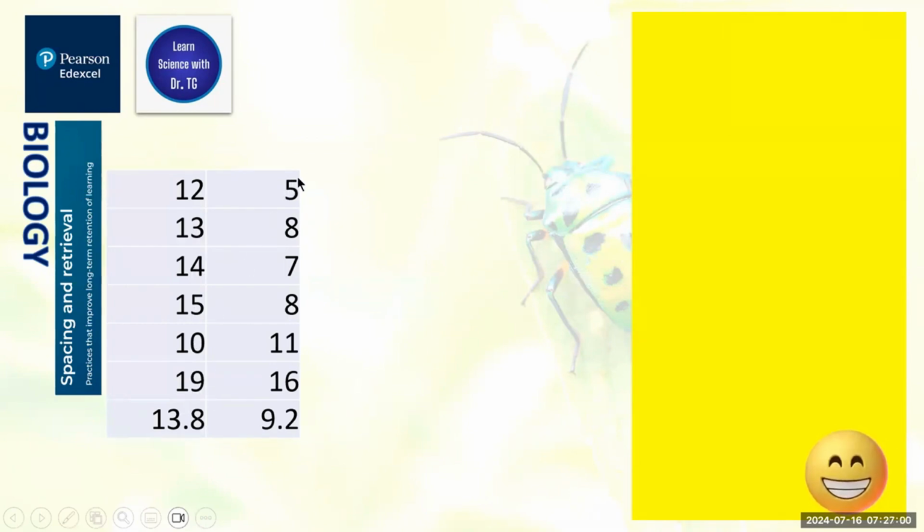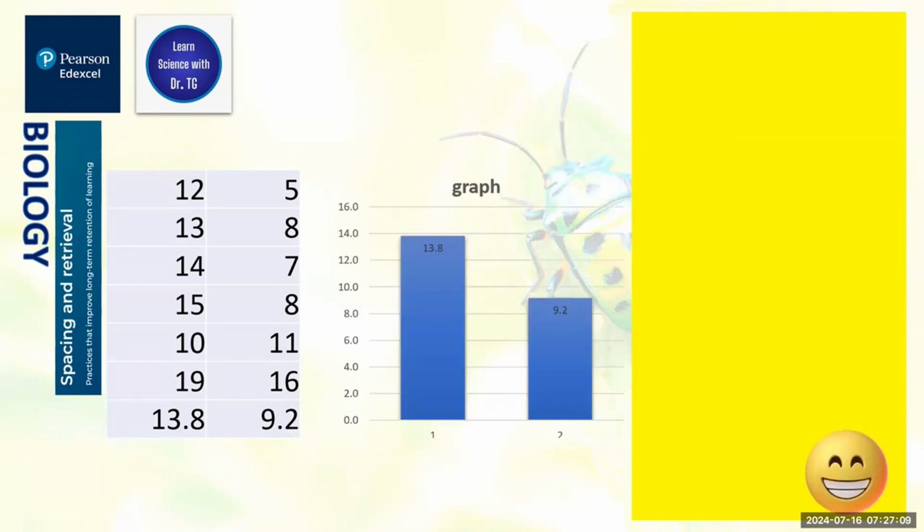The experiment group has 5, 8, 7, 8, 11 and 16. Again, you get the mean value. Then the standard way is we plot a bar graph using this mean value. You can see here the first column, 13.8, is higher, and the second bar is 9.2. There is a reduction. So let's assume in our experiment we expect a reduction. It could be a medicine. So we treat conditions, and the medicine helps to reduce these conditions to 9.2.